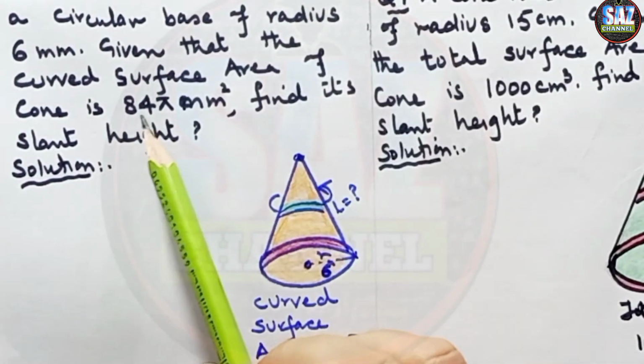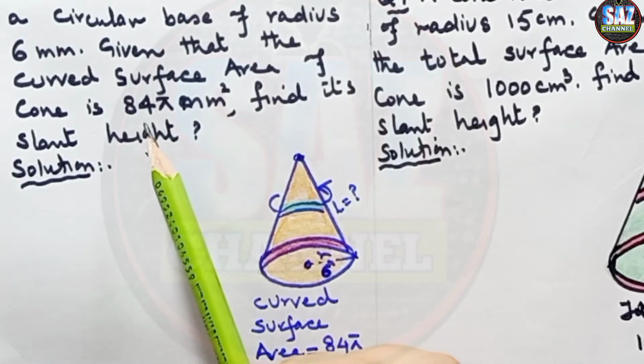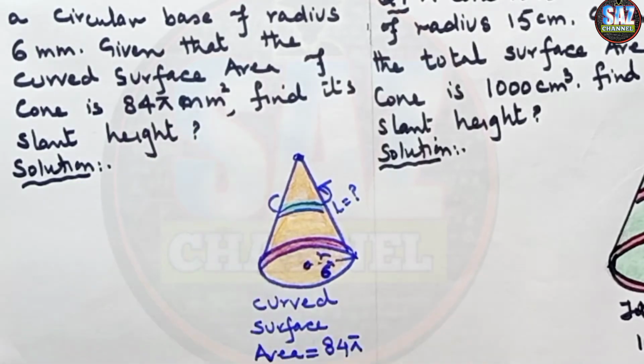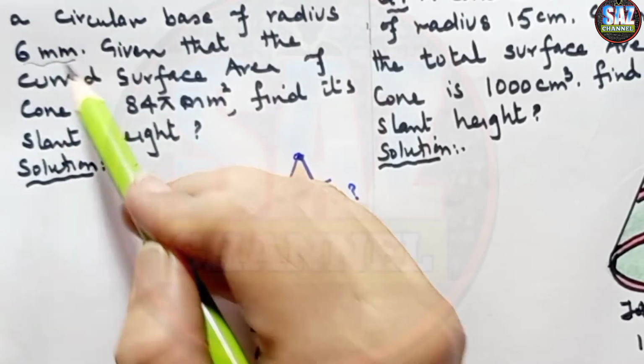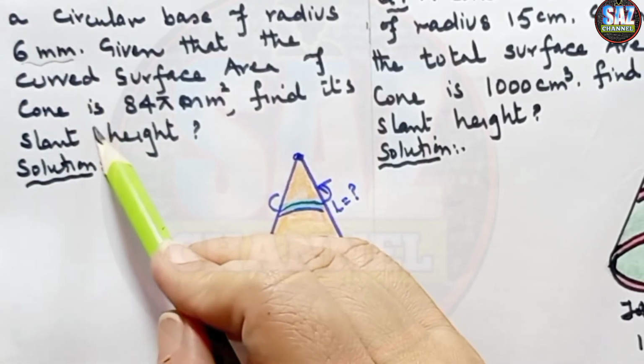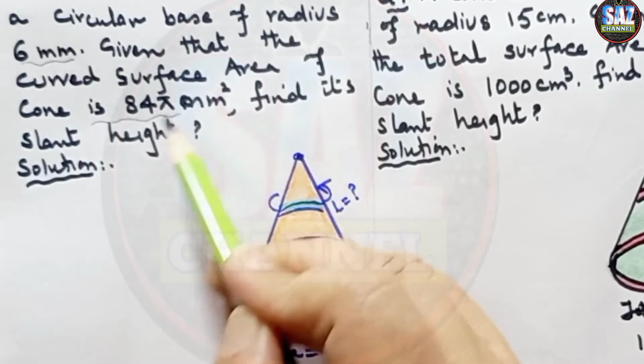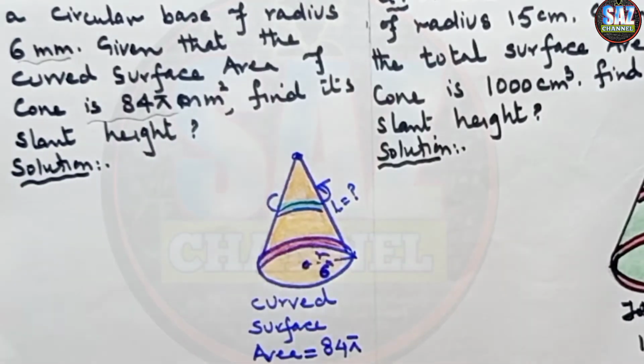It's really important to understand what information is given. We are given the base radius, which is 6 millimeters, and the curved surface area, and we have to find the slant height of this cone.